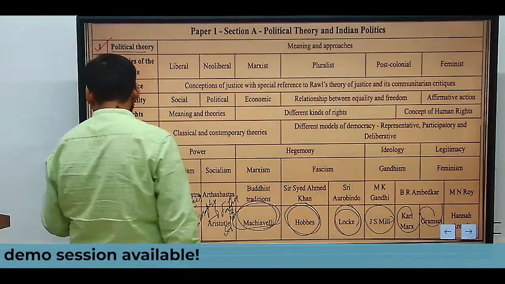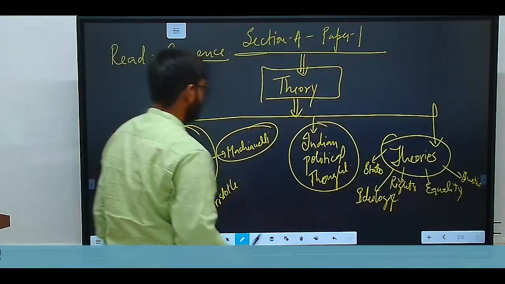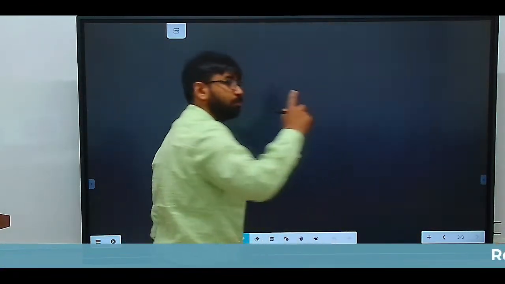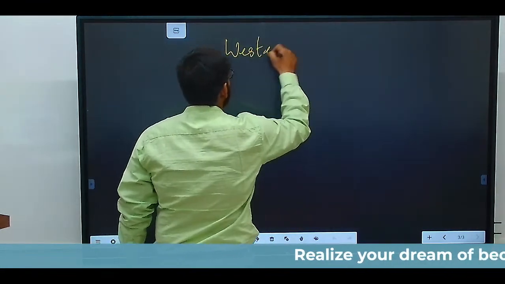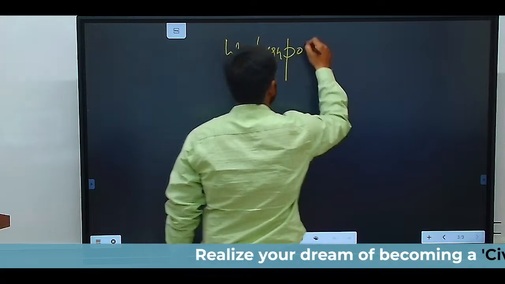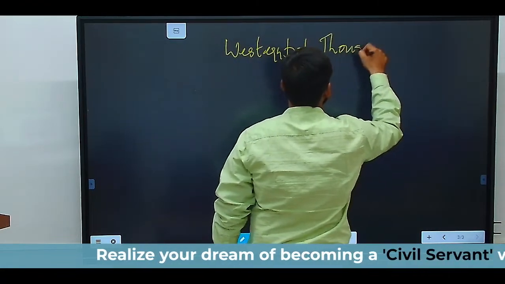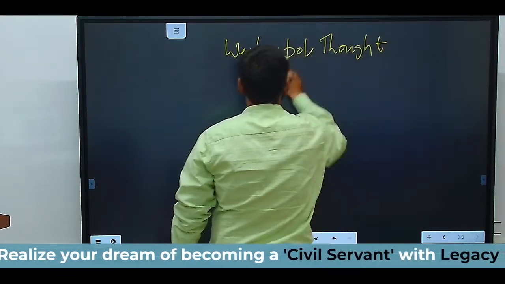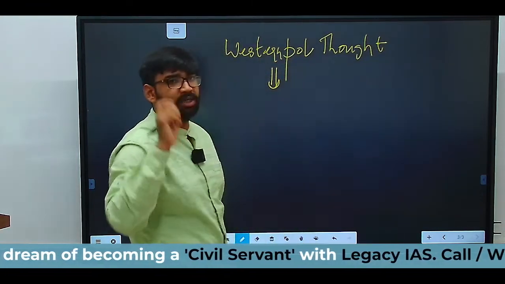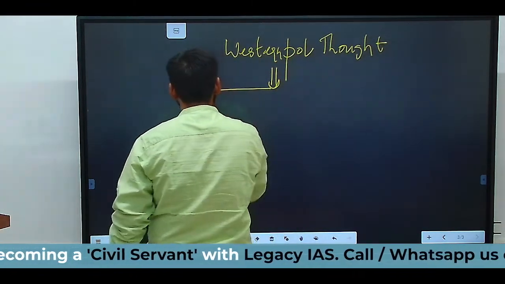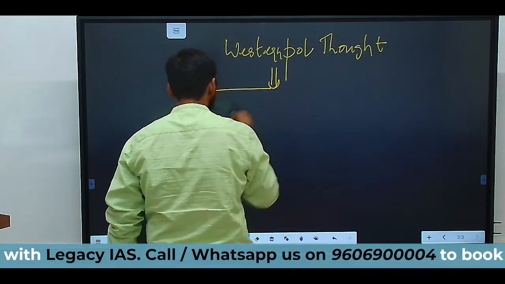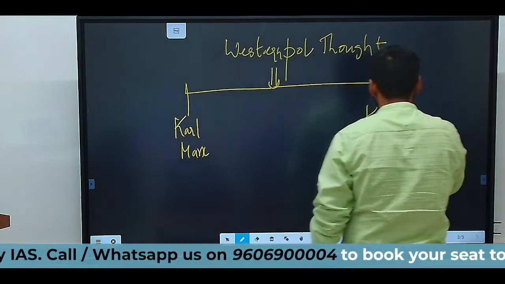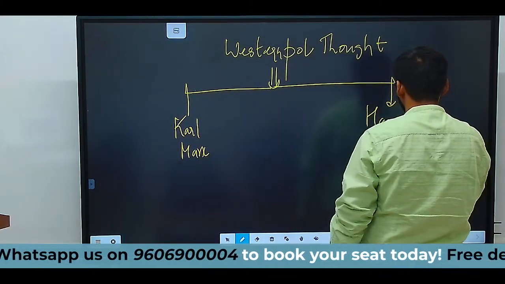Now those two scholars, from the examination point of view, in Western political thought, are Karl Marx and Hannah Arendt.